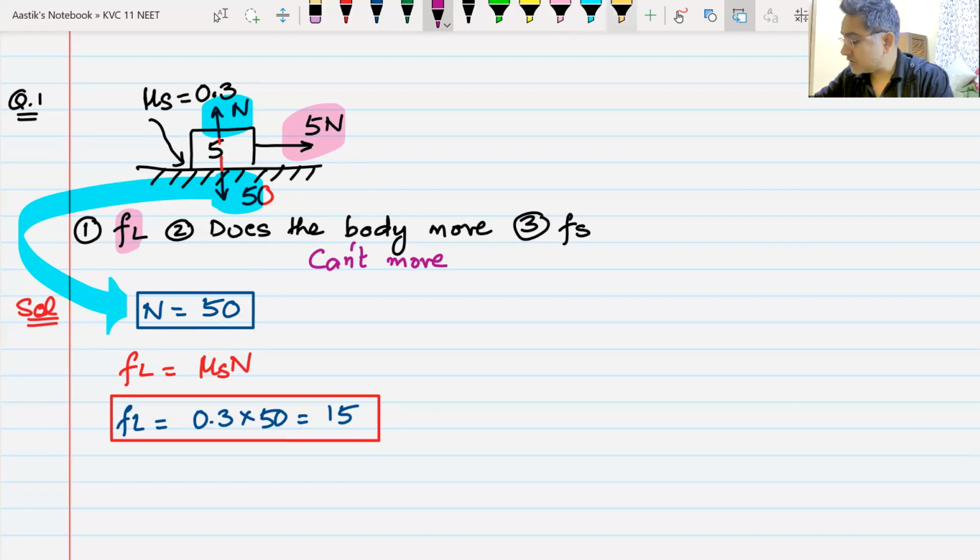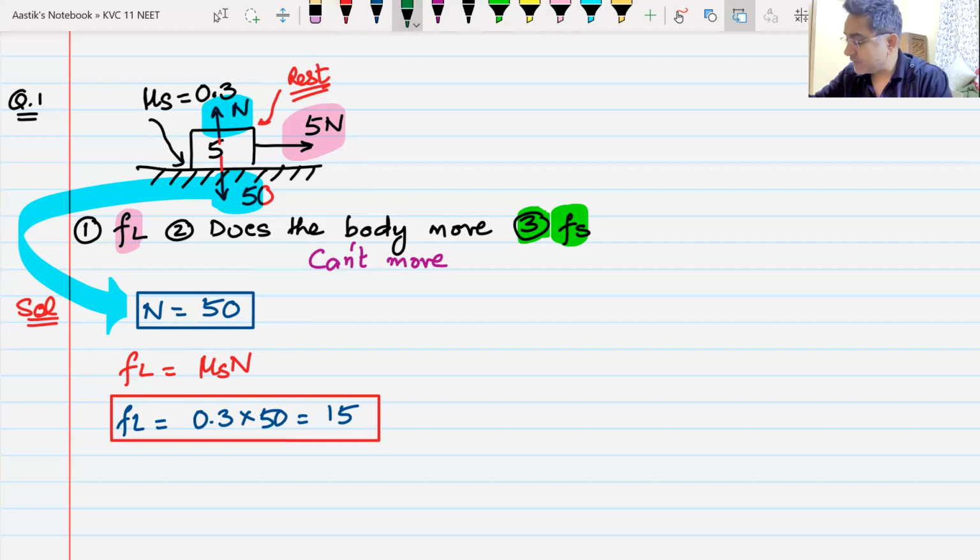Now, the third question is, what is the value of static friction in this case? As you understand, the body does not move. The body now remains at rest. Can you now tell me what is the value of static friction? 5, sir.